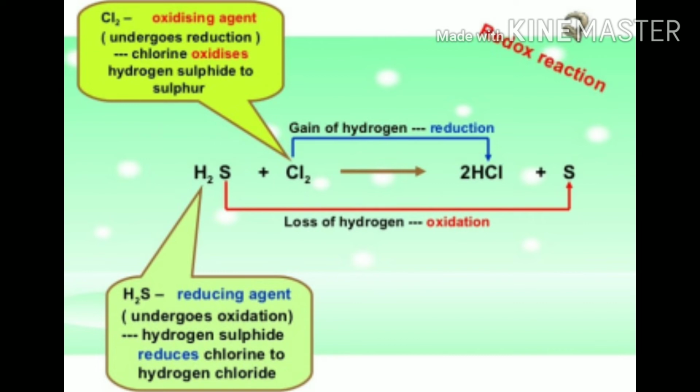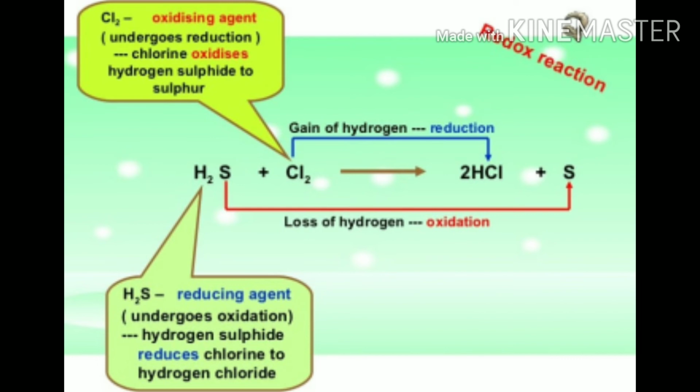Chlorine gains hydrogen to form hydrogen chloride. That is, it has been reduced because gain of hydrogen is reduction. So, this is a redox reaction because oxidation and reduction are taking place in the same reaction simultaneously.